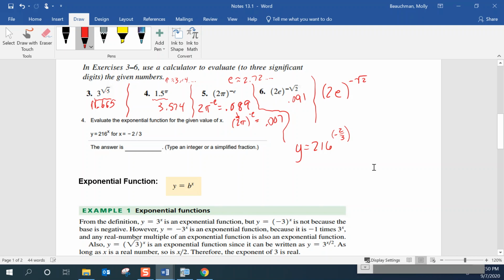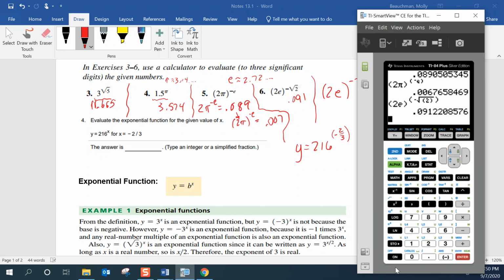So again, you want to use the calculator, and it's really important in this case to make sure that we put the parentheses around the negative 2/3. So we have 216 to the power of parentheses negative 2 divided by 3, and that makes sure that we're taking it to the power of negative 2/3.